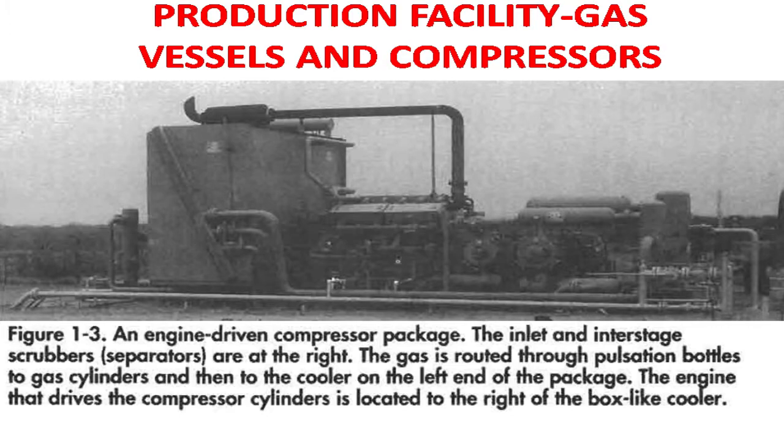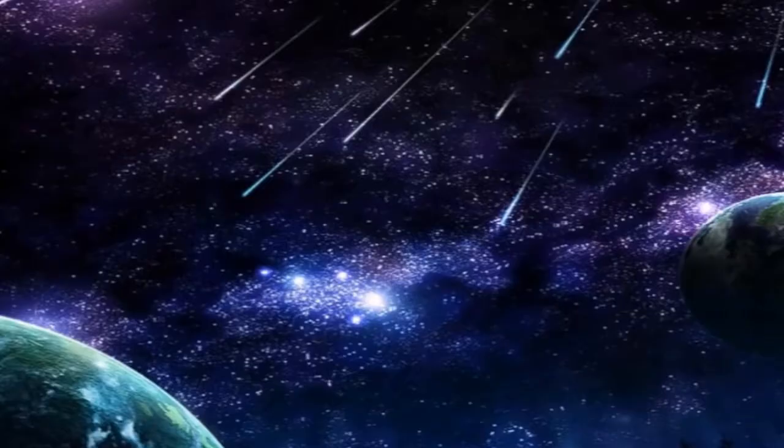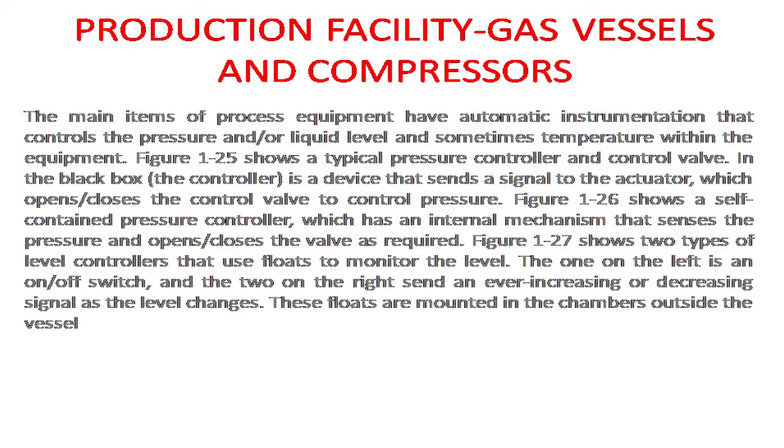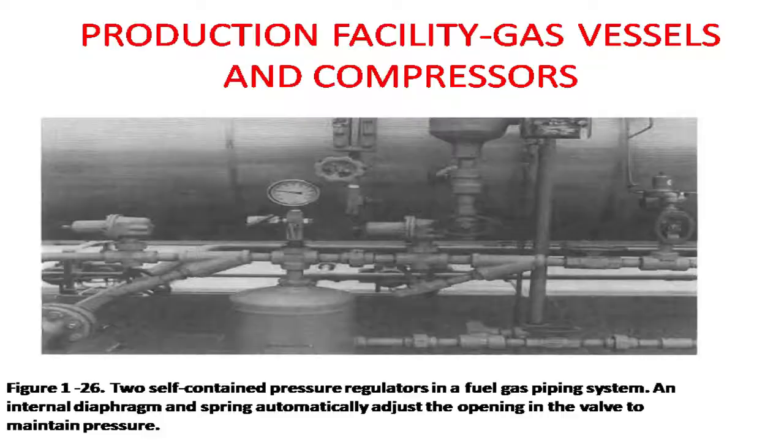So we have chokes and other control devices that have fixed or variable orifice. The diagram shows the pressure control. The most common type of controlling pressure is with a flow. In most instances, if there is insufficient gas release, the number of gas molecules in the vapor space increases, and thus the pressure in the vessel increases.